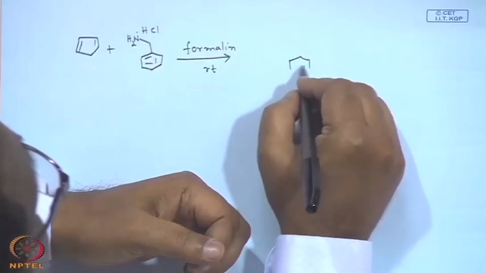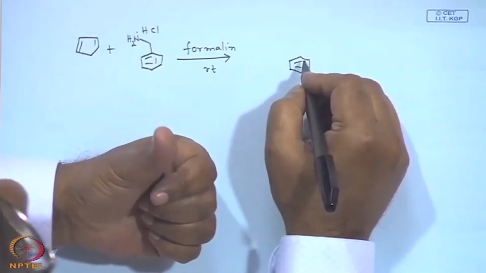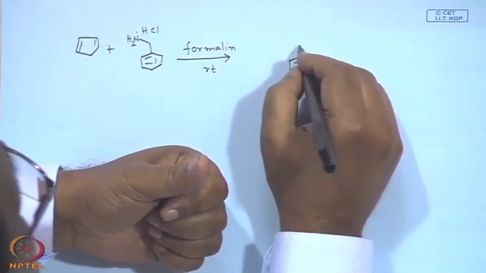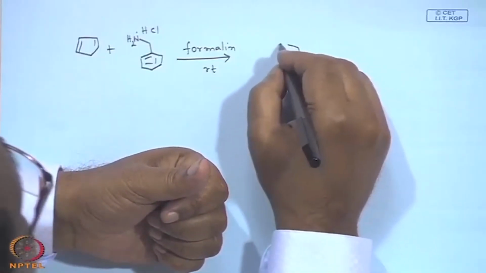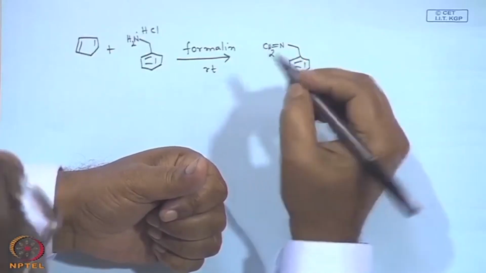So, what do you expect? First imine formation. As I said before, imine formation also requires dehydration, but it can be carried out in the presence of water, with a catalyst.